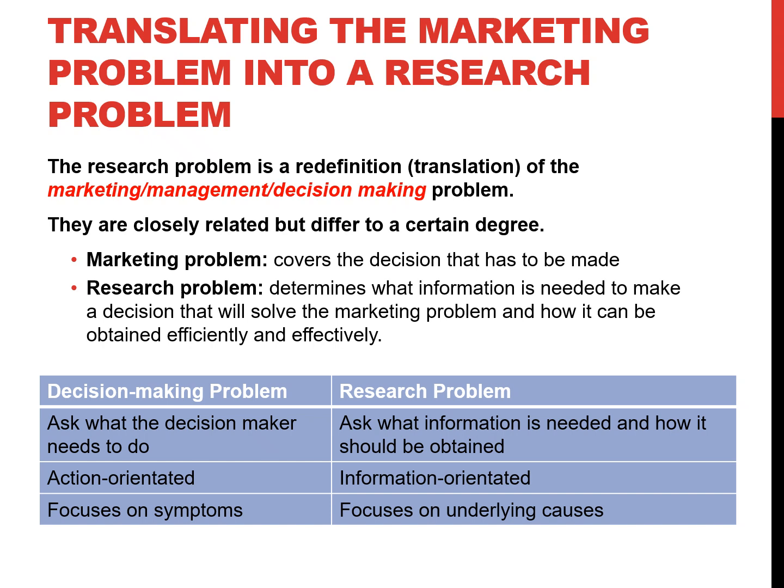So really we're focusing on information and trying to focus on the underlying causes. It could be that consumers have some perception of our product which needs to be corrected. So we first need to understand the research problem and make sure that we collect appropriate information. So if we understand why the consumers have got a perception about our product, it will allow us to make a decision.